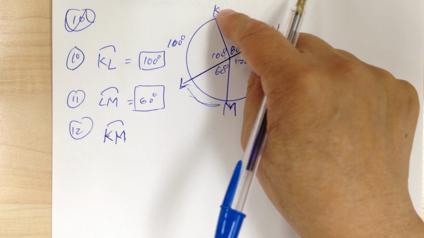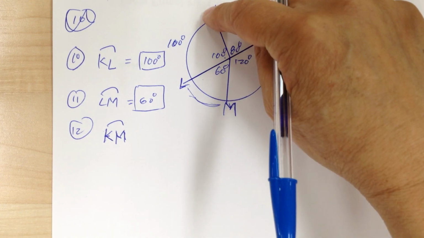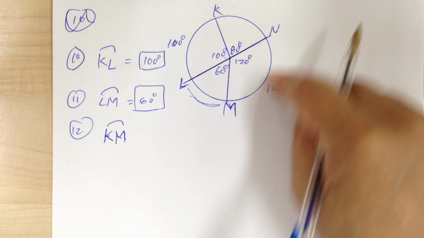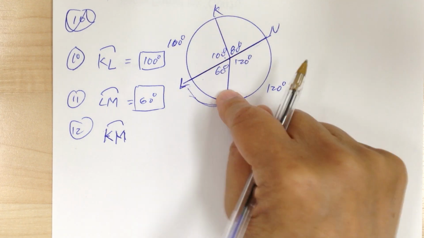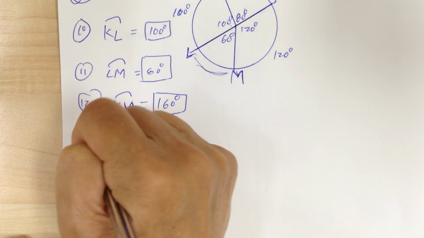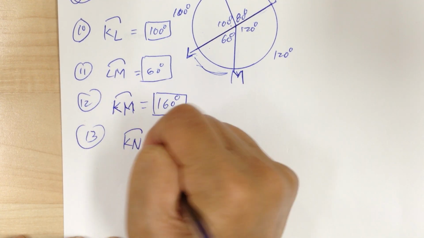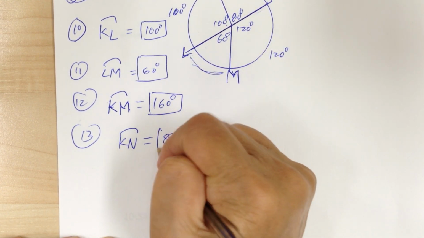So KM is over here. If it's a major arc, you have to use three letters, like KNM. So it's this one here, equal to 160 degrees. Number 13, you're looking for KN. KN is over here, so it's equal to 80 degrees.